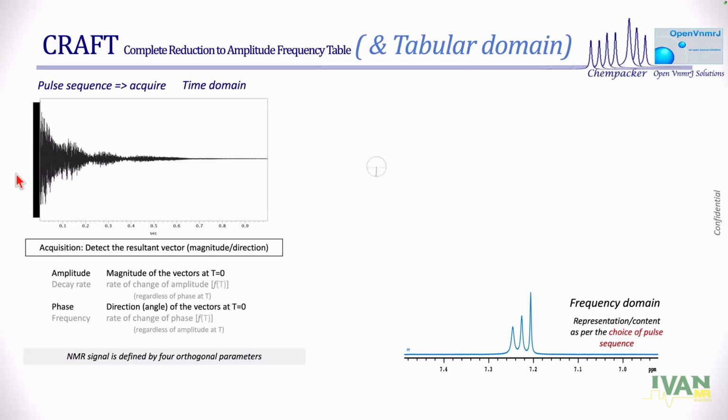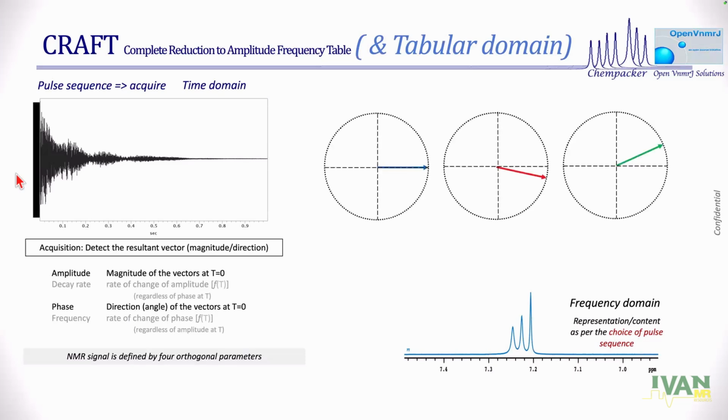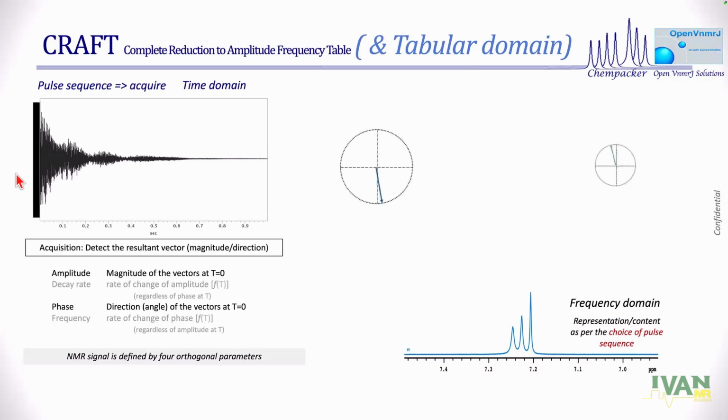And then when we do a Fourier transform, we get the spectrum that we all love and covet, and that's exactly what we want. But the point that I wanted to bring up here is that the decay rate constant, the rate at which they decay, is nothing but a rate of change of amplitude. So as long as you follow the amplitude as a function of time, you should be able to find the rate of change of amplitude.